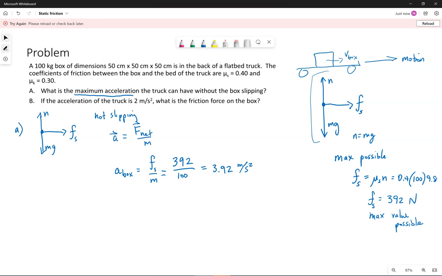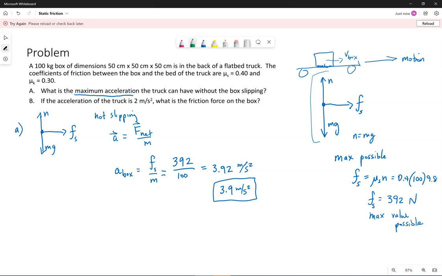Now technically we have two sig figs, so I would say 3.9 meters per second squared. That's the biggest possible value of acceleration the truck can have, and the box will stay exactly in the same point on the bed of the truck. It will not slide. If the truck accelerates faster than that, the box will slide, and then we would have to change our free body diagram to account for kinetic friction.